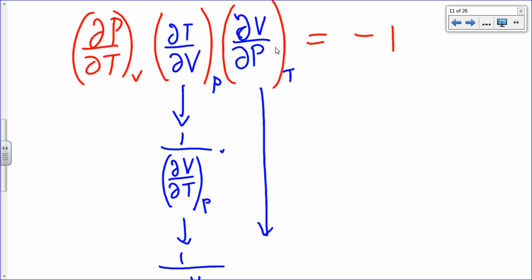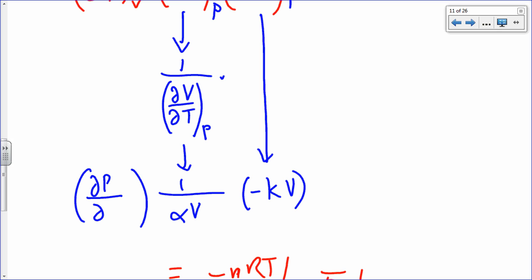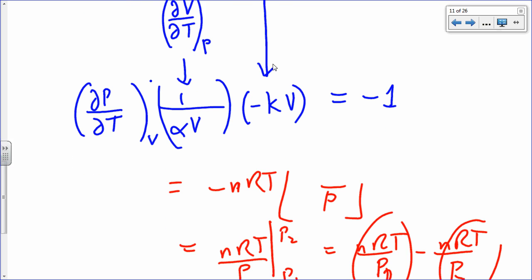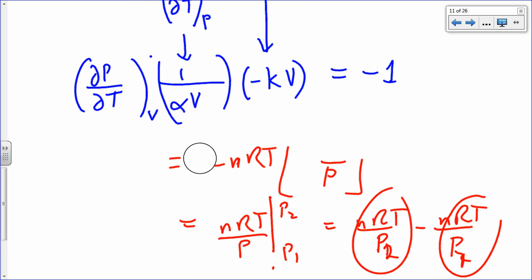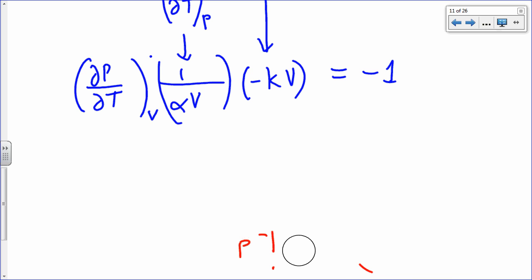This is negative kappa V. So partial of P with respect to T at constant volume times 1 over alpha V times negative kappa V is equal to -1. Okay? So we can solve for partial of P with respect to T at constant V.